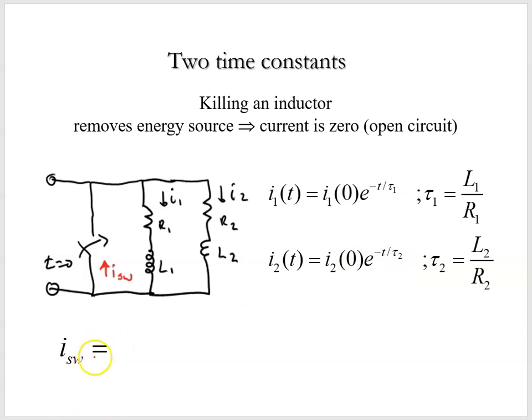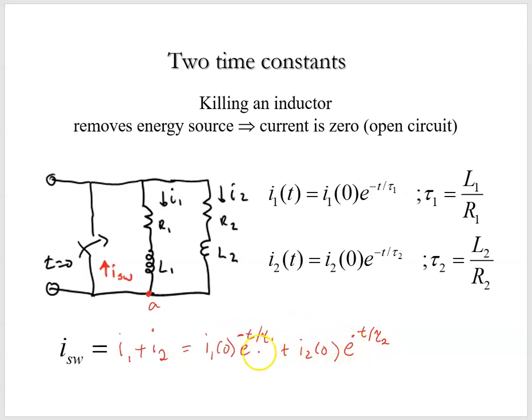So then we could find the current through the switch here. I switch would be equal to our I1 plus I2 by KCL at this node here. And so that is going to be equal to our I1 of 0, e to the negative t over tau 1 plus I2 of 0, e to the negative t over tau 2.